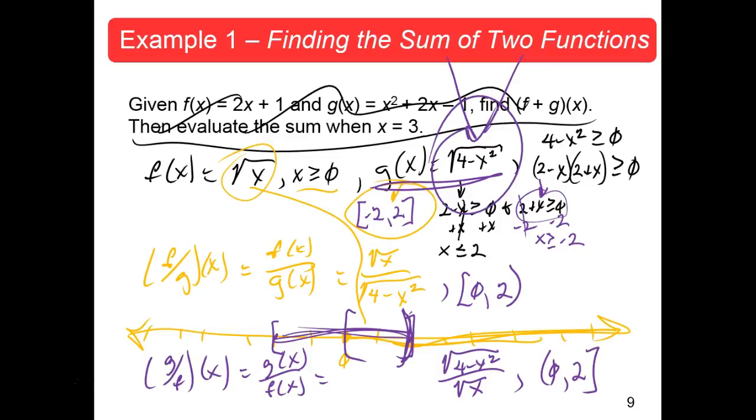The answer to the question here is the quotient function for f divided by g. Here's the quotient function for g divided by f, but you have to also specify limitations on domains, and in this case, you had limitation on both numerator and denominator. You get what's in common there, but then the denominator also eliminates the 2 here and the 0 there. All right, good deal. Any questions?